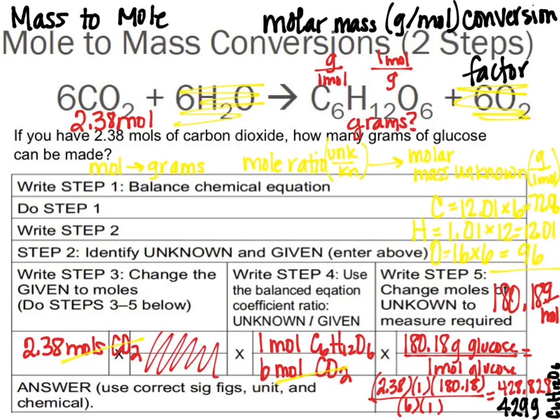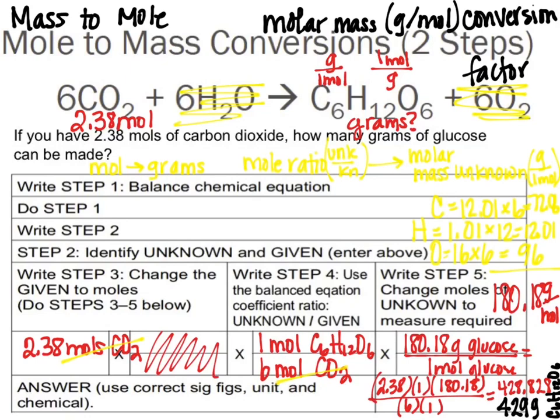What if it asks for 2? Hold on. Let me get Caden's question first. For 3 whole numbers, would it ever ask for 2 sig figs? It might. If that would have said 2.3, then my answer would be 430. Oh, okay.